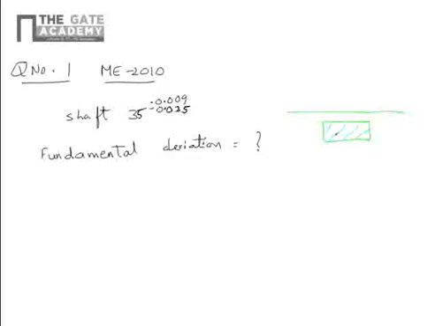This is the shaft tolerance. This deviation is minus 0.09 and this one is minus 0.025. This point. So first we will calculate the upper deviation.